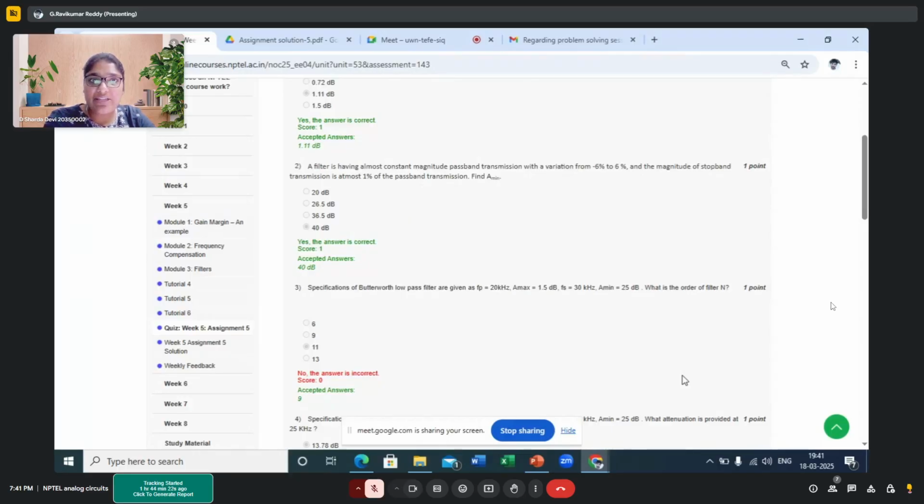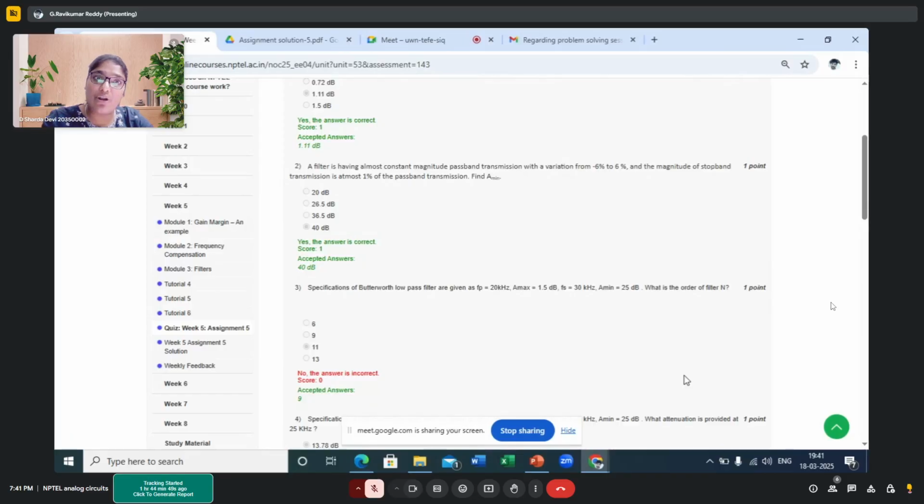The Butterworth filter's transfer function is already designed, so it always has a fixed transfer function, and by using these values you can find the order.